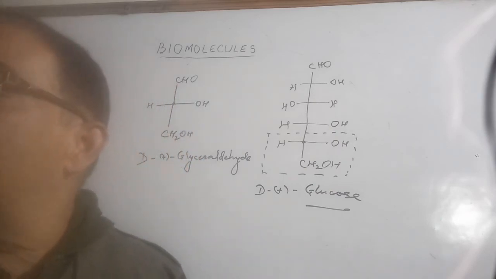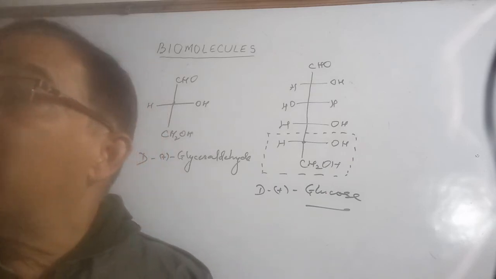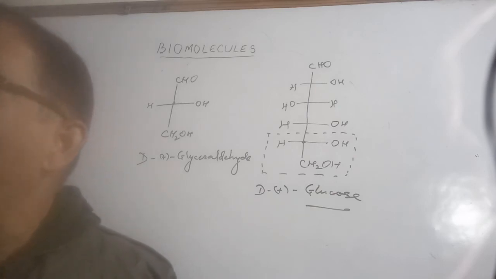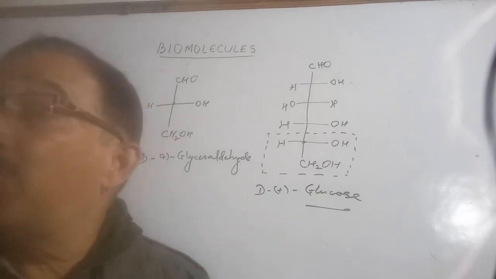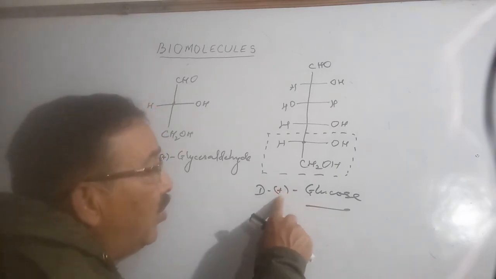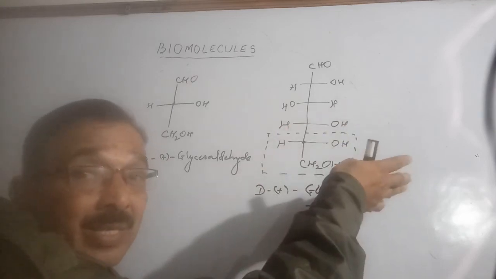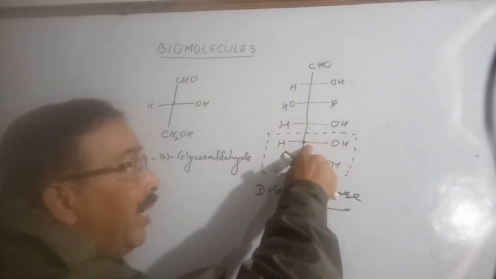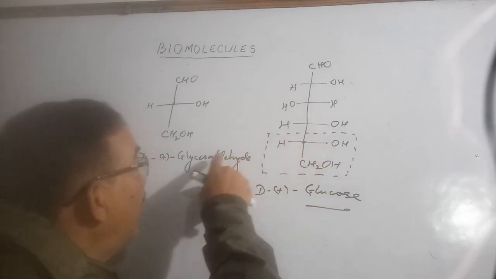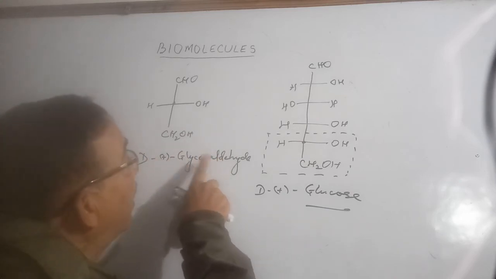For assigning the configuration of monosaccharides, the lowest asymmetric carbon atom is compared. As in plus glucose, the OH group is to the right hand side of the asymmetric carbon atom, which is similar to the configuration of plus glyceraldehyde.